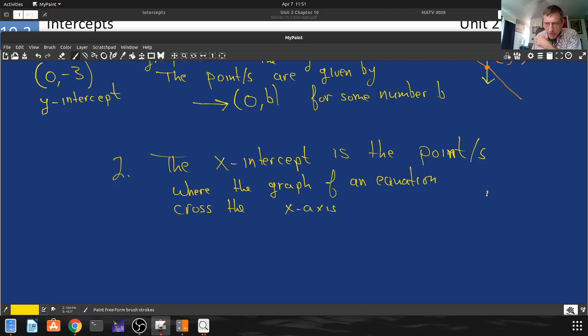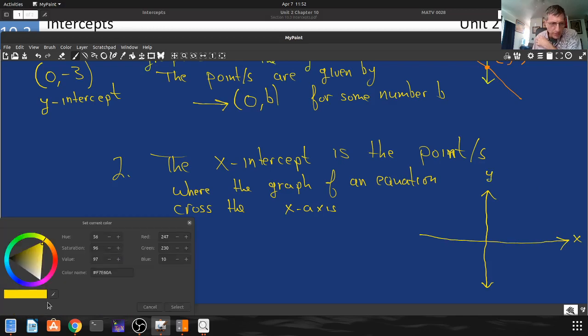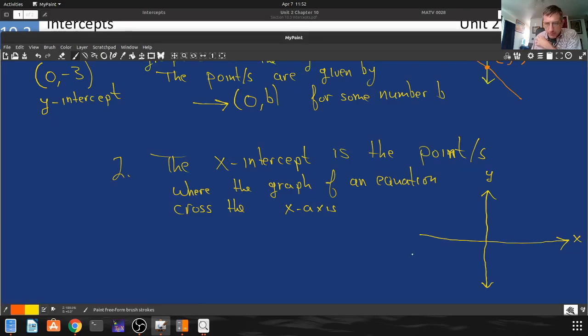So again, let me draw another example of that. I have some better illustrations for you. So here is my rough sketch of an x and y axis. So I'm going to draw two different graphs. So a graph of a straight line. That point right there is where the graph of this straight line crosses the x-axis.